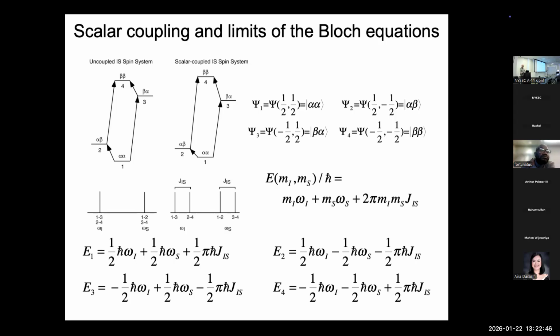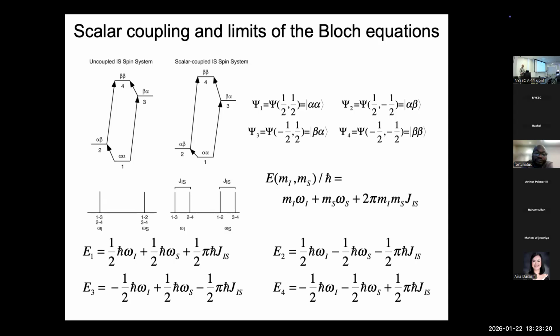So the J coupling originates from shared electron density. Right. So in the covalent bond, let's just take the simple case of the amide pair. If we have a hydrogen spin in the alpha state, the electrons are also spin 1/2.